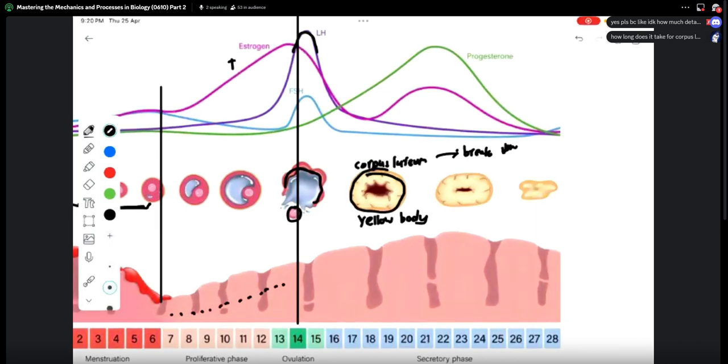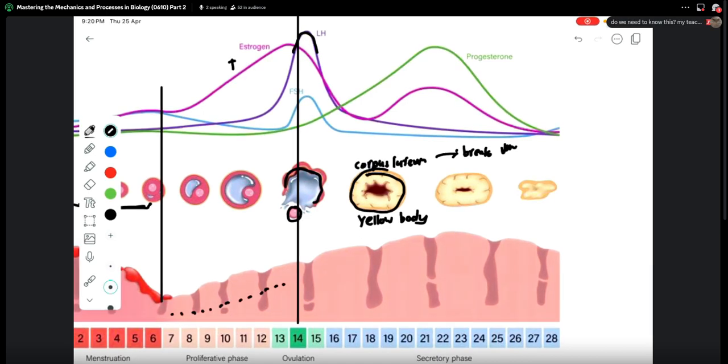So this corpus luteum will now secrete the progesterone to maintain the uterus lining so that the implantation can occur. After implantation has occurred, the corpus luteum will degenerate after maybe 3 to 4 months. Then the placenta takes over.